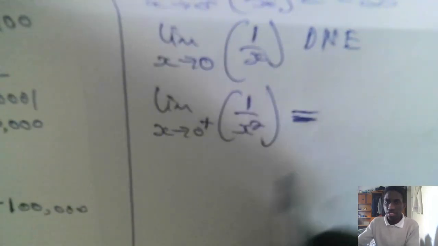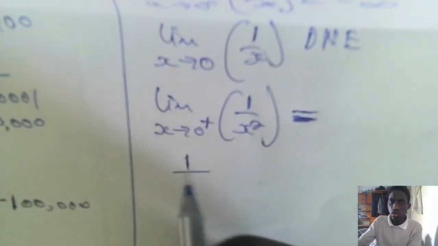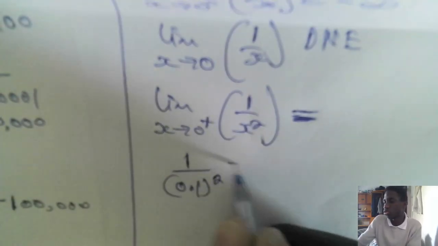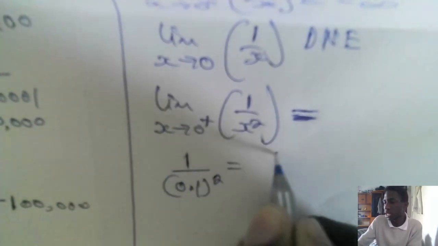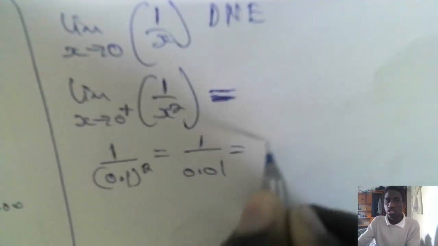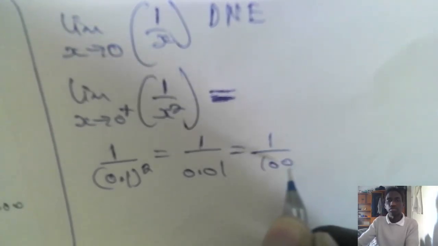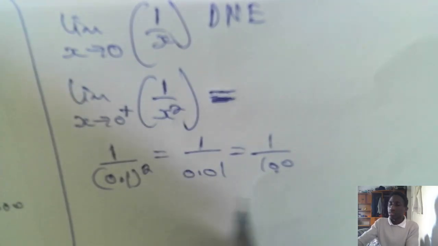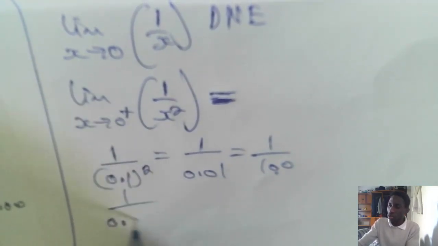So let's start simple. What about if we have 1 over 0.1 all squared? 0.1 is close to 1. So 1 over 0.1 all squared is something like 1 over 0.01, which is 100. Now, same thing goes for 1 over 0.001.